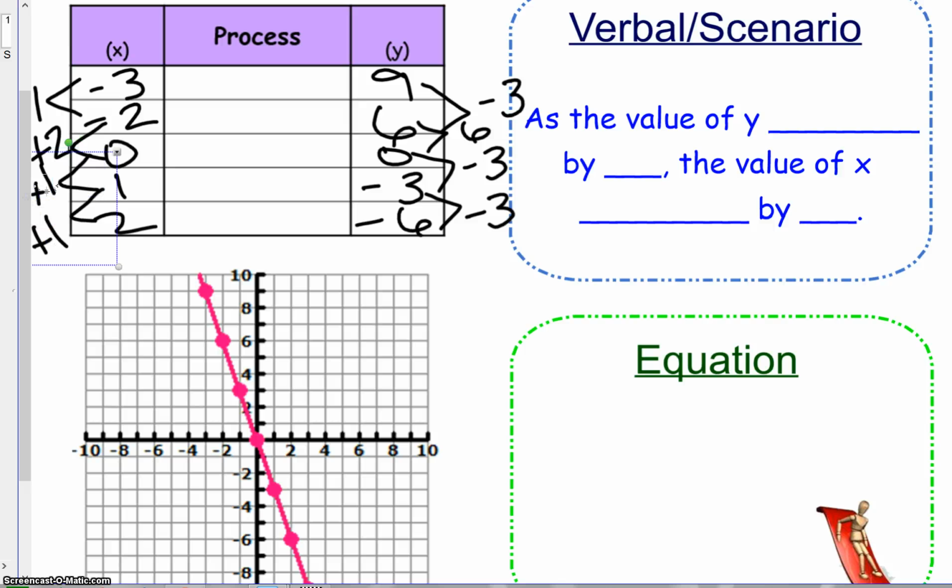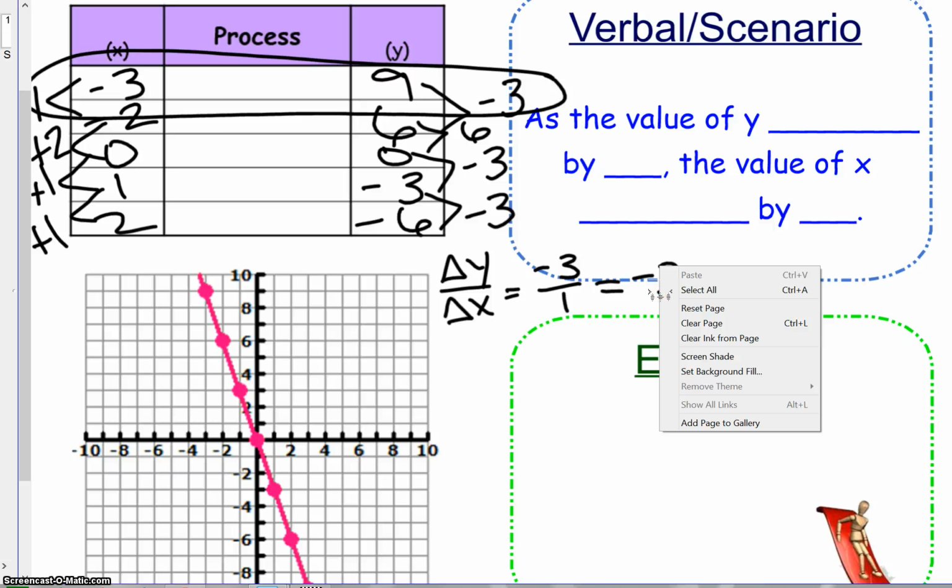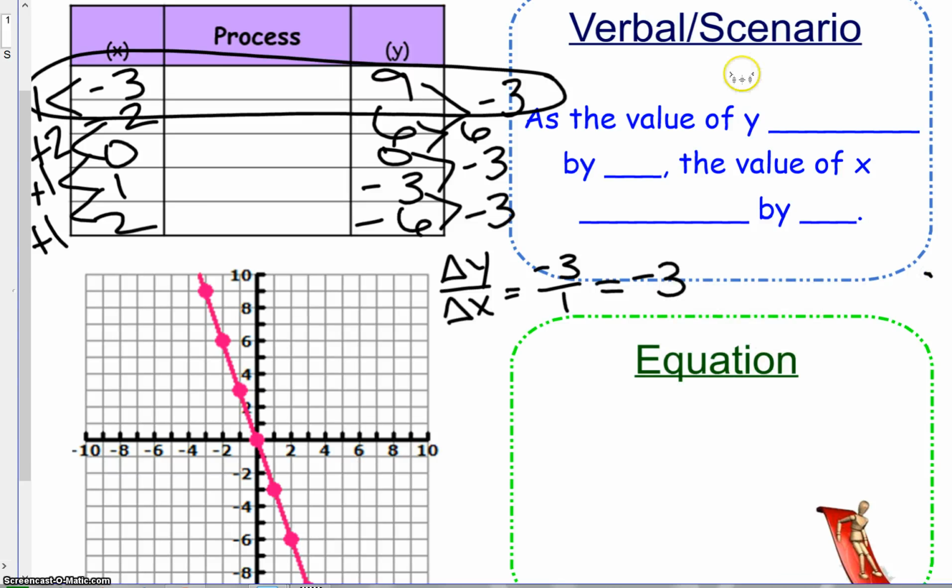So your rate of change is -3 over 1 equals -3. So as the value of x increases by 1, the value of y decreases by 3.